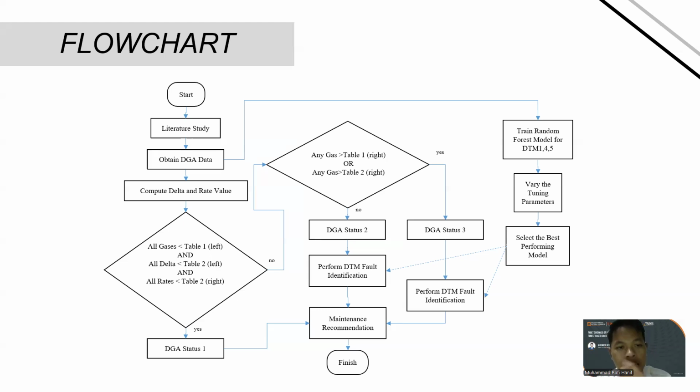So the obtained DGA data that we have can be processed directly with the random forest that already chose the best performing model to perform the DTM fault identification. And then it goes to maintenance recommendation and finish.